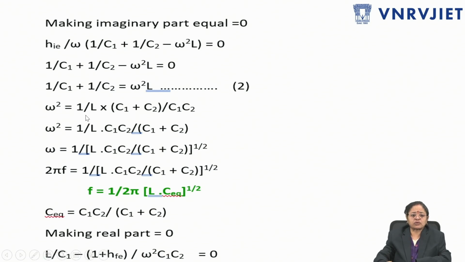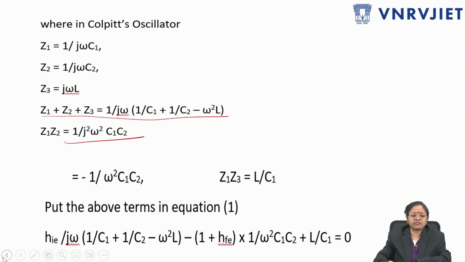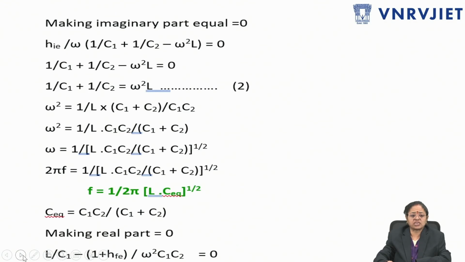Hence, in the previous equation, all the terms associated with j are the imaginary part, and this is equated to 0. So hie by omega (1 by C1 plus 1 by C2) minus omega square L equals 0.